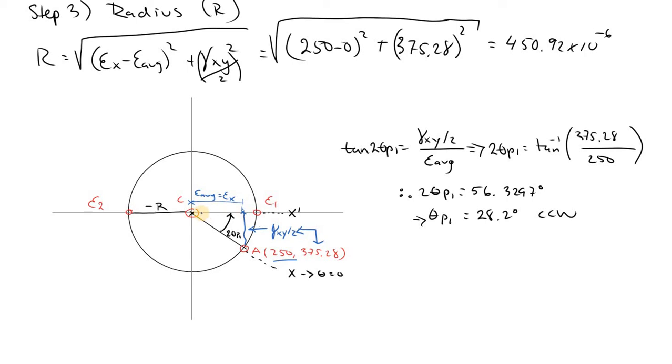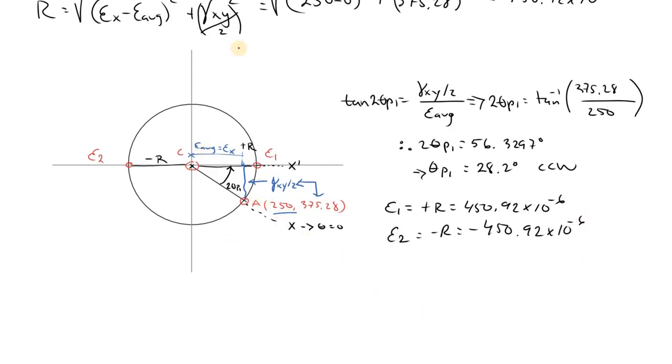And for our maximum, it's going to be our positive radius. So principal strain 1, or our maximum strain, is positive radius, which is 450.92 times 10 to the power negative 6. Minimum strain, negative radius, is negative 450.92 times 10 to the negative 6.